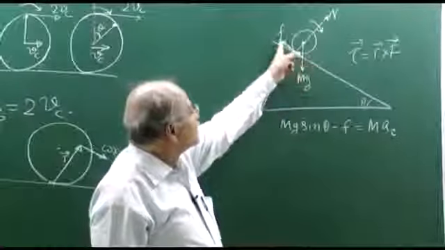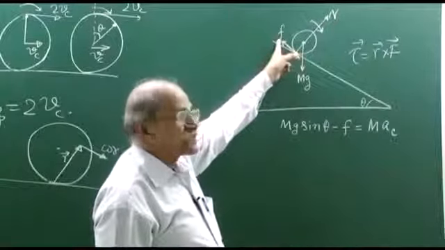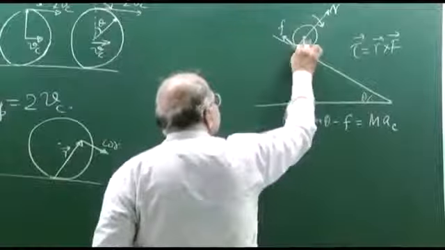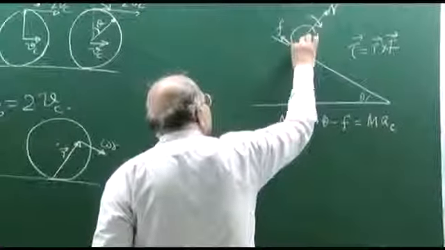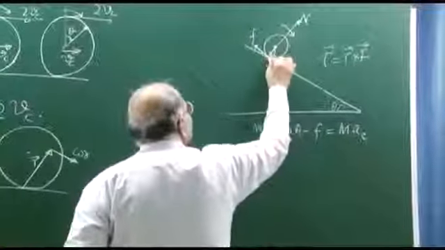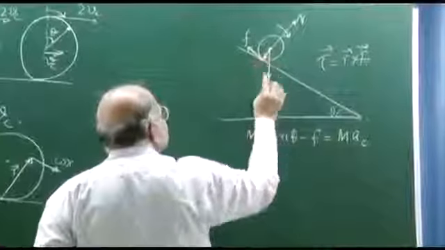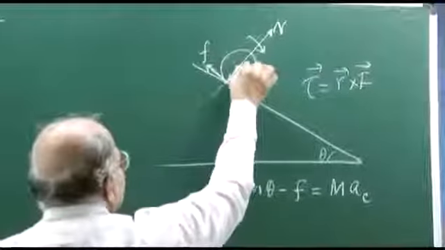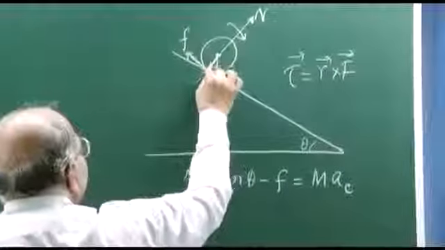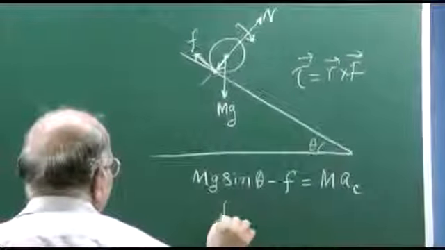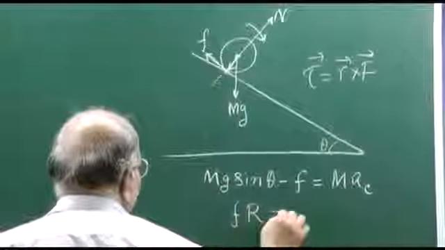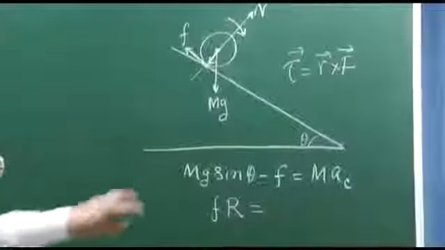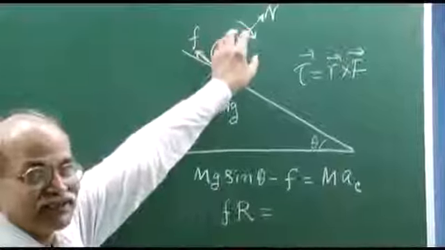Then this small f, this frictional force, remains, and the force is applied here. So, this will be the r vector, and this will be the f vector. You can see what r cross f is. This will be the radius r times this friction, so f into r. This is the torque, and that will be equal to the moment of inertia times the angular acceleration.